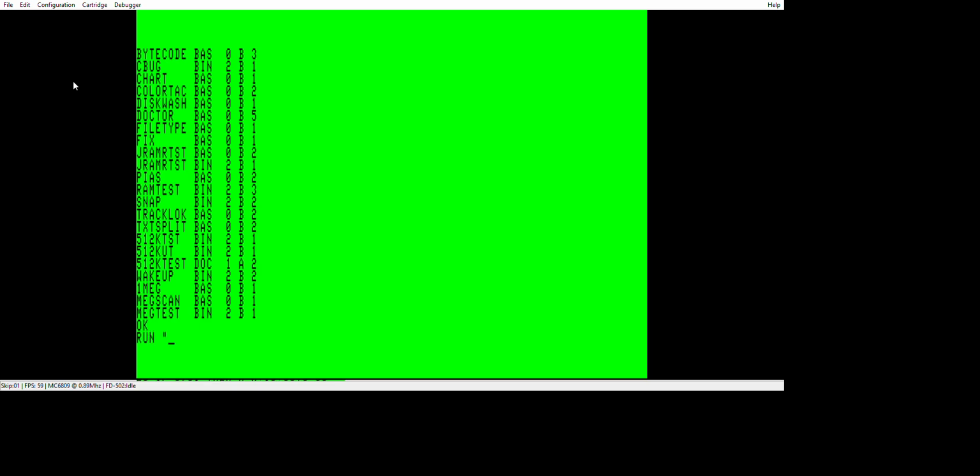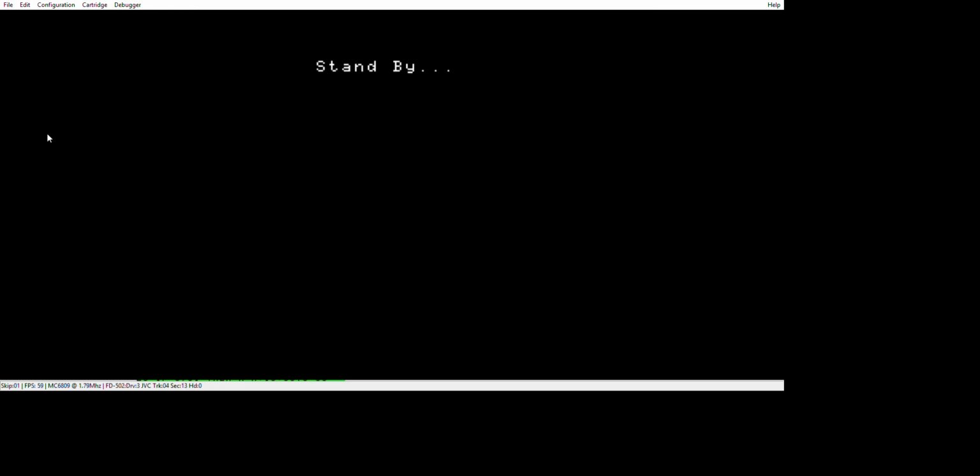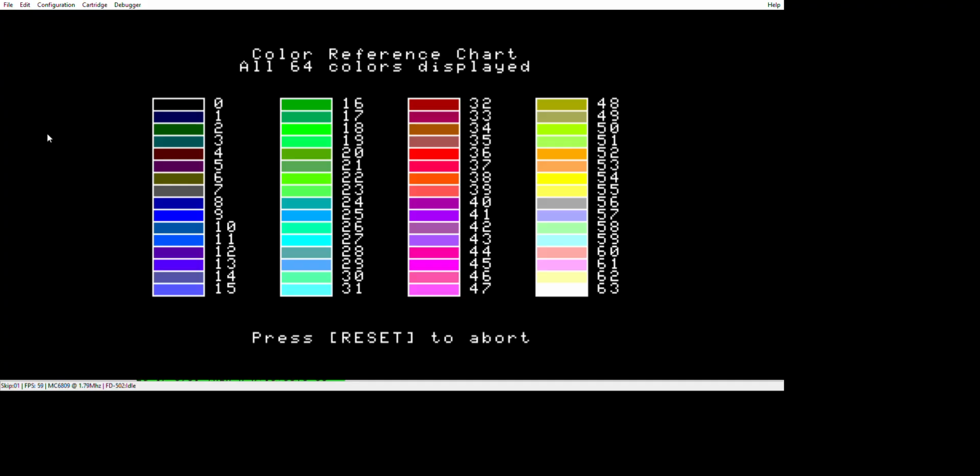Now, if we run, now I don't know what all these other files are. This is some kind of a utility disk. We're just going to run, I think it's chart. And it's going to list all 64 of these colors. And here they are.